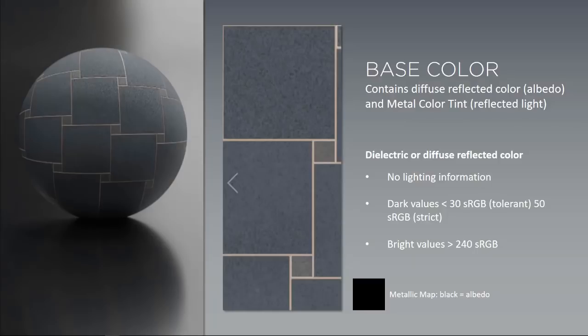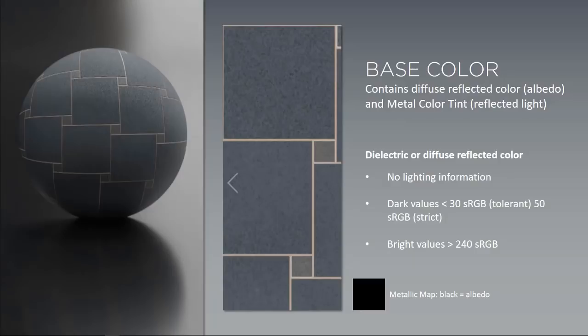When you say 30 sRGB there, does it mean 30 on a 0 to 255 scale? Yes, that's correct. If you're not entering floating point values, but just working with sRGB, we're talking 0 to 255. Obviously in Unreal, all our colors are 0 to 1, so we'll have to take that into account.